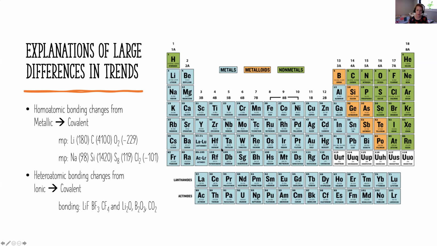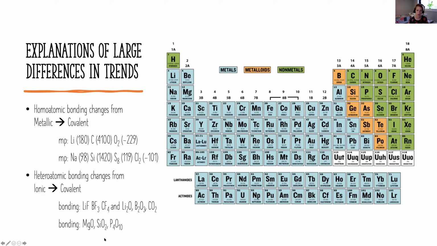So if I look at lithium fluoride versus boron trifluoride and carbon tetrafluoride, the lithium fluoride bonding is going to be considered ionic. The BF3 is kind of on the borderline of covalent, and then CF4 is definitely covalent. Lithium oxide, that we talked about, again is ionic. The boron oxide is on the borderline between ionic and covalent, and then CO2 is definitely covalent.